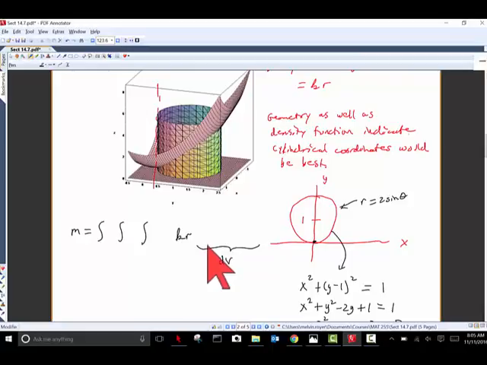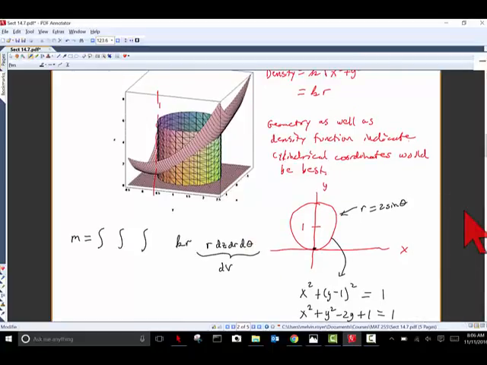Is it going to be dz, d theta, dr, or dr, d theta, dz, and so on? In this case, it probably doesn't matter so much. Let's go r dz, dr, d theta. I say it doesn't matter. It matters a little bit.